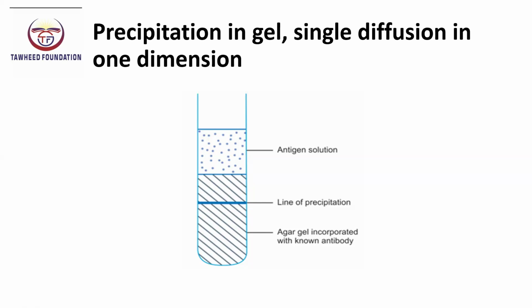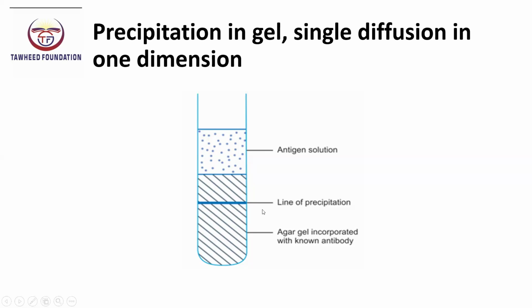As these antigens move through the gel, they gradually encounter increasing concentration of antibody. At a certain distance from the trough, the concentration of antigen and antibody become exactly equal, known as the zone of equivalence.